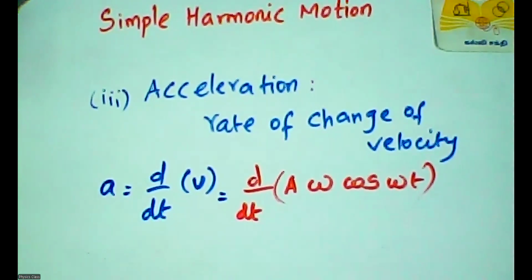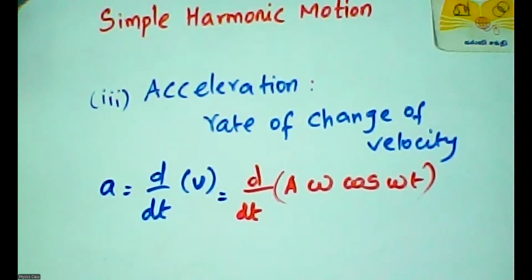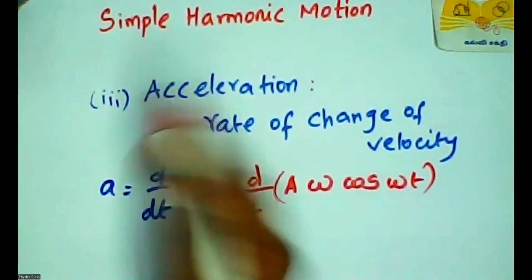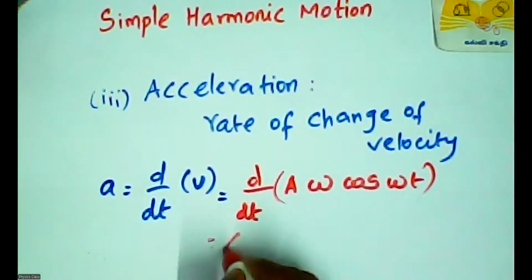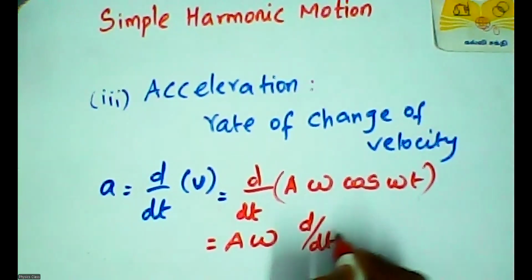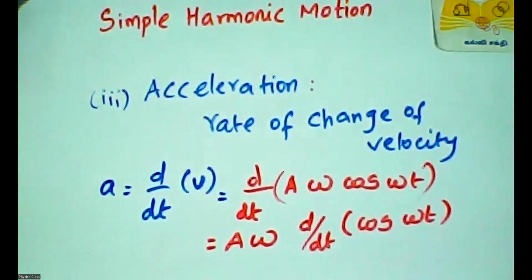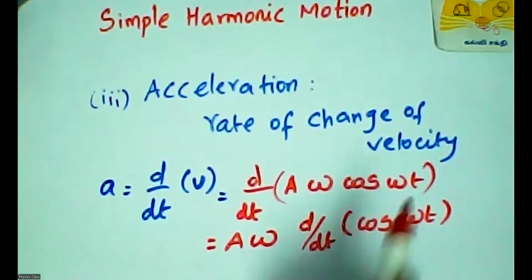Clear? Okay. So here a omega is the constant term. We can take a omega as constant. So a omega here, d by dt of cos omega t. Differentiation of cos omega t.